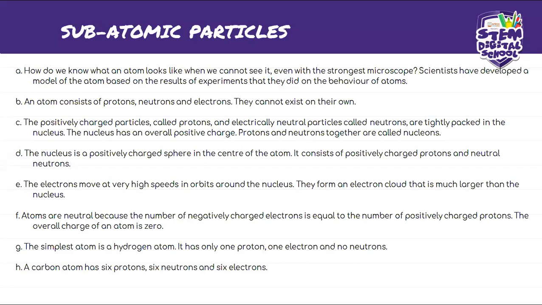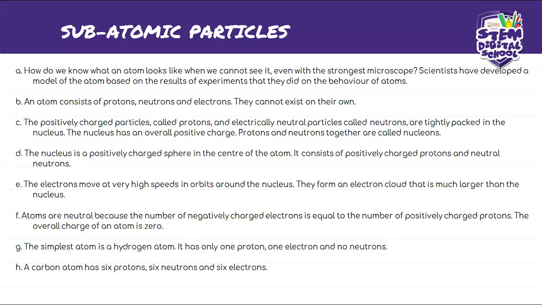They exist on their own. The positively charged particles are called protons, and then the electrically neutral particles are called neutrons, and are tightly packed in the nucleus. So these protons and neutrons, as we have seen, are tightly packed, and the nucleus has an overall positive charge. So take note.